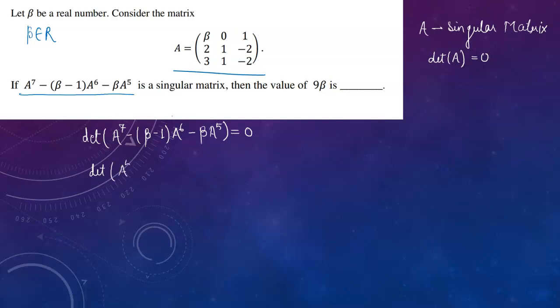A to the power 5 into A square minus (beta minus 1) A minus beta is equal to 0.